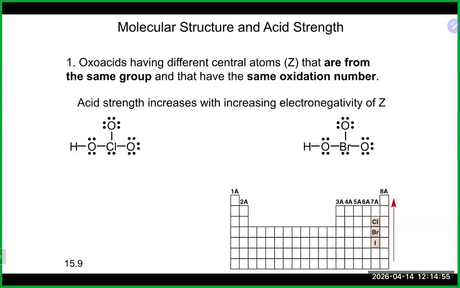Let's just say we were going to compare these two acids here. We've got chloric acid and bromic acid in this case. And in this particular case, pretty much everything on the outside is the same. The major difference here is our central atom. Now, remember the two things that we look at in terms of acids that have oxygen are electronegativity or oxidation number.